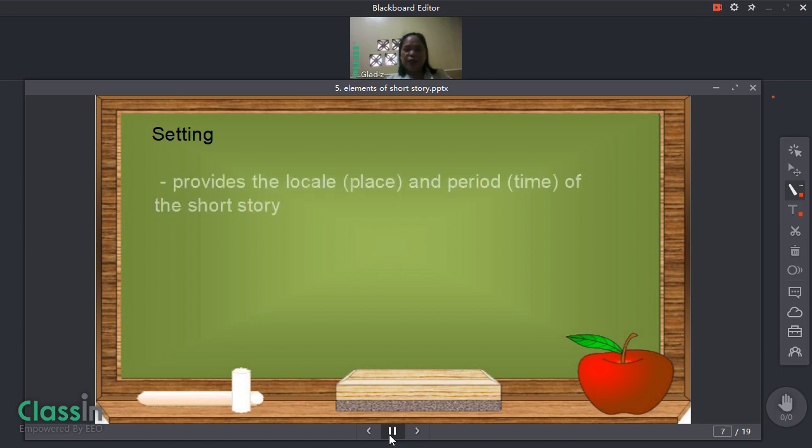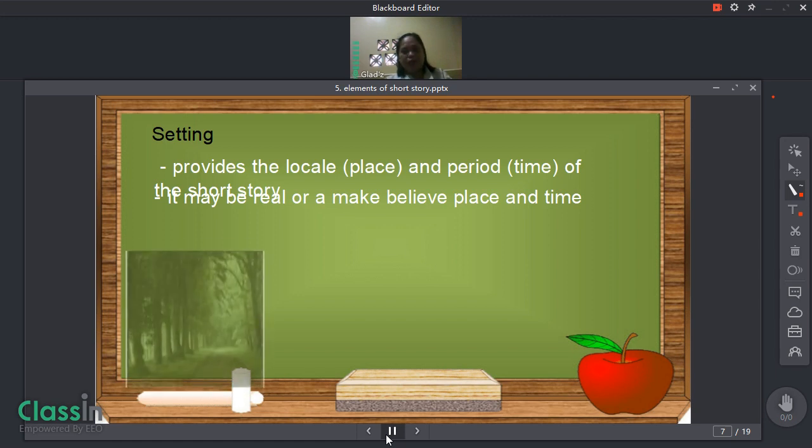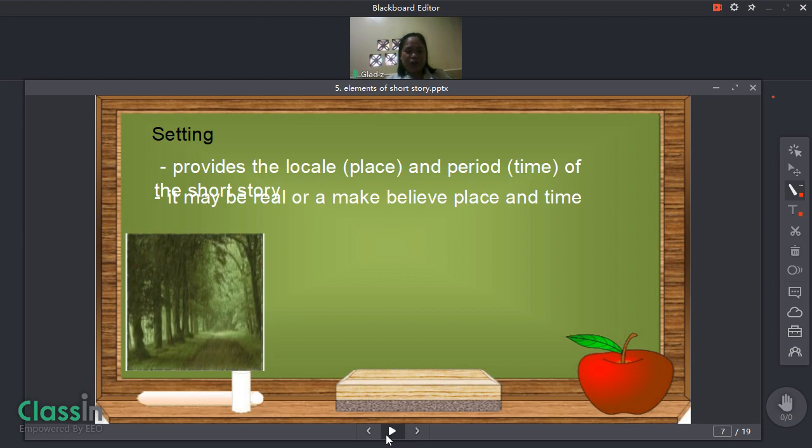Setting provides the locale or the place and the period or the time of the short story. It may be a real or make-believe place and time. In other words, setting is the place and the time when the story takes place. Okay, so I have here an example. In this example, it's the place where the story happened and the time when it happened.